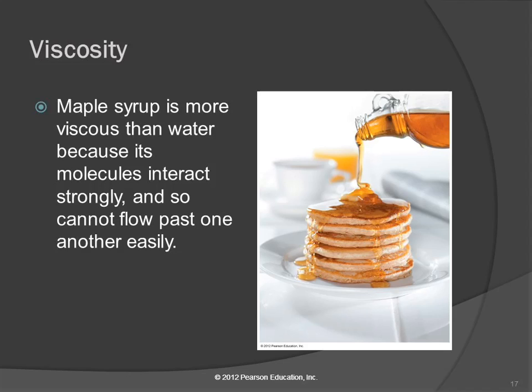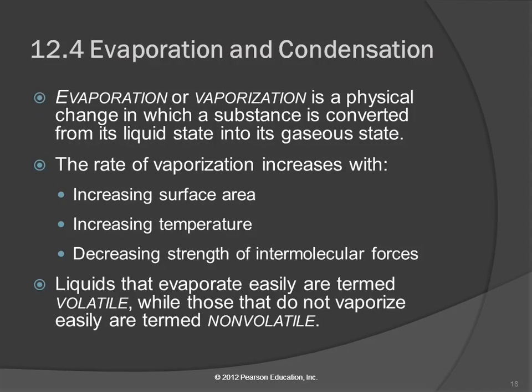So here's a picture: maple syrup being poured on pancakes. Hopefully all of you had breakfast so that you're not too hungry right now. But it pours slowly. Water won't do that. The molecules are interacting with each other very strongly, and so they can't pass next to each other easily. They do pass, but not easily. Any questions about viscosity or surface tension?